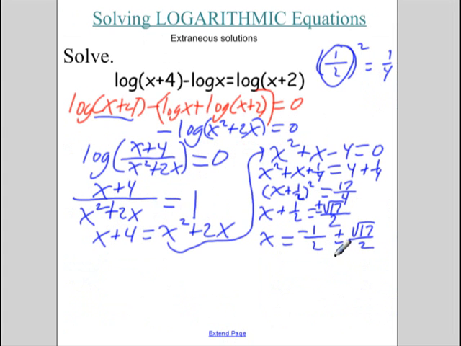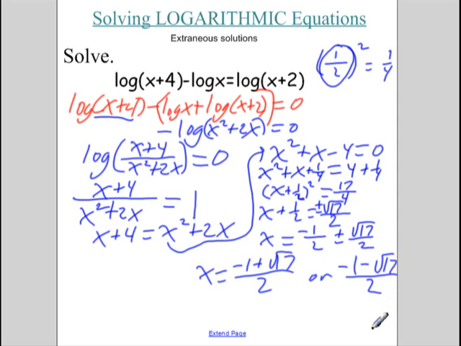So now we have two possible solutions. With a common denominator, we have either x equals negative 1 plus rad 17 over 2, or negative 1 minus rad 17 over 2. But here's where it gets even more interesting, as if it wasn't already interesting enough.